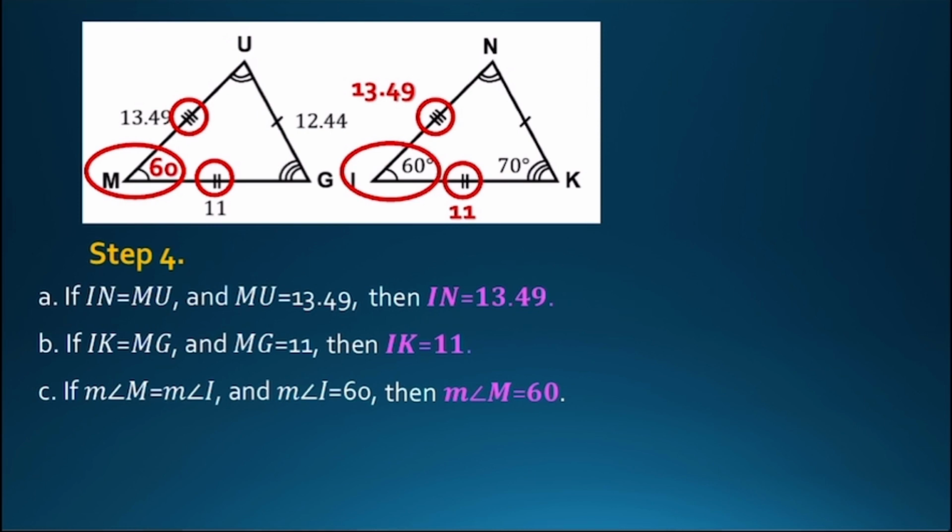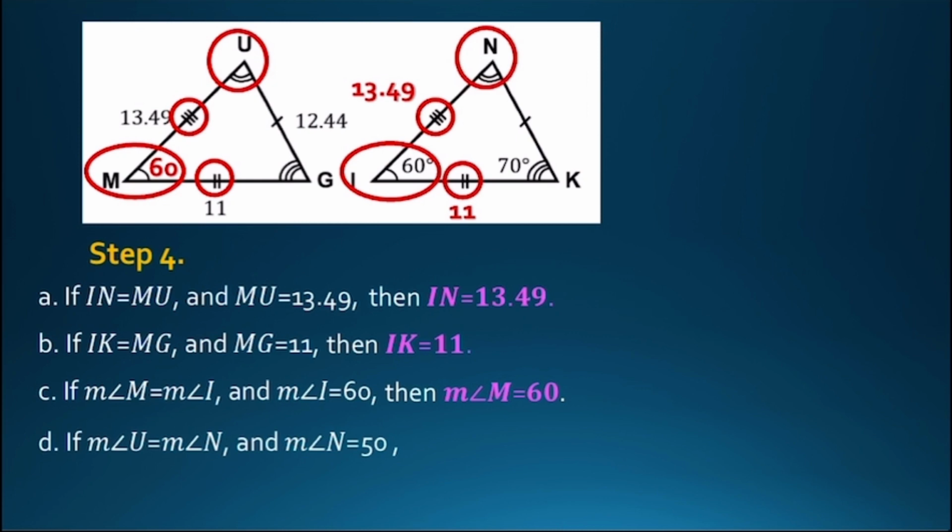And again, according to this property, if A is equal to B and B is equal to C, then A is equal to C. And for our D, if the degree measure of angle U is equal to the degree measure of angle N, and the degree measure of angle N is equal to 50, then the degree measure of angle U is equal to 50. Now, if you want to prove that, let's have our solution.